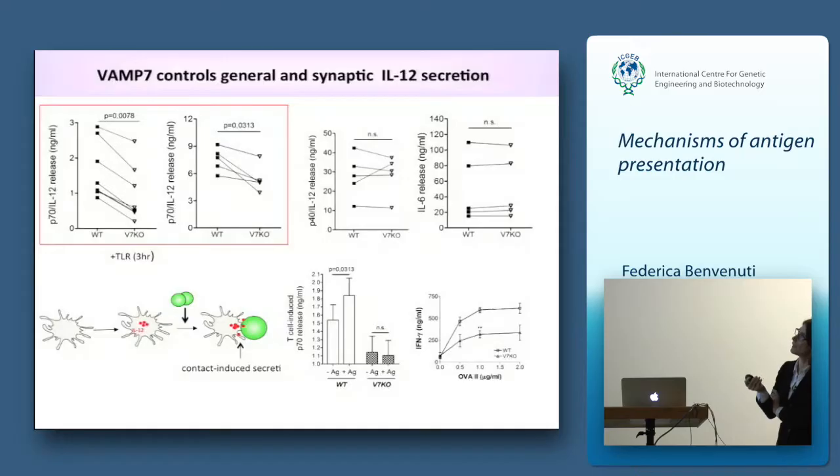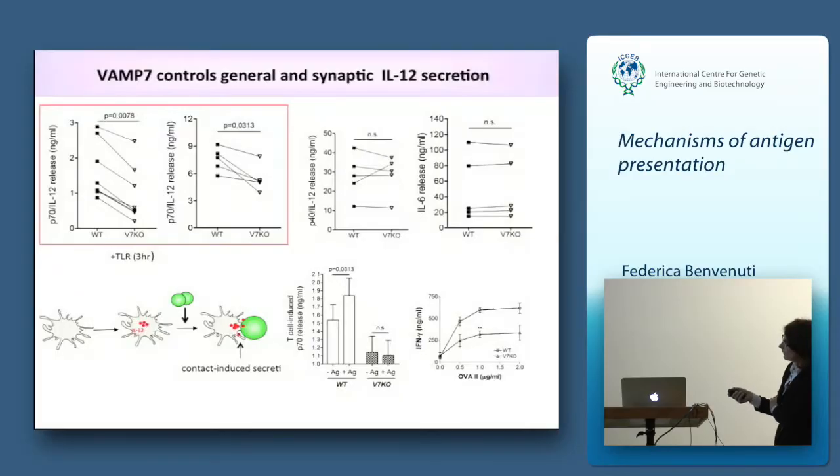In order to understand whether VAMP7 is really controlling secretion of IL-12, we used dendritic cells derived from VAMP7 knockout animals. We could show that indeed secretion of IL-12 is strongly decreased in DCs deficient for VAMP7 expression, and most importantly, when a DC which is full of intracellular IL-12 interacts with the T cell, the secretion that arises upon this contact, which is of this extent in wild-type cells, is totally abrogated in knockout cells.